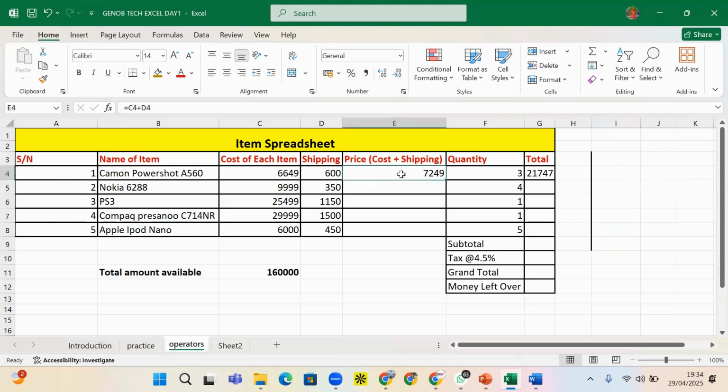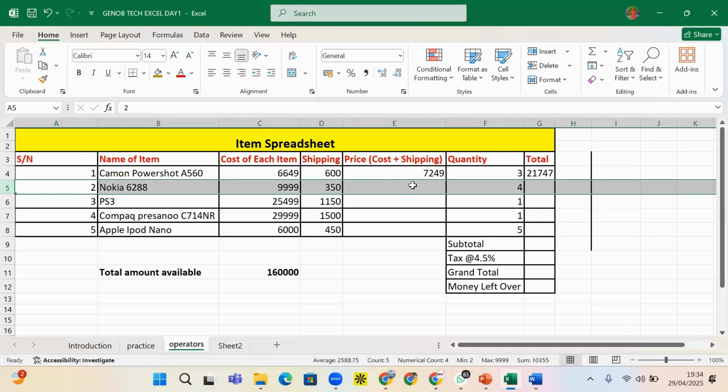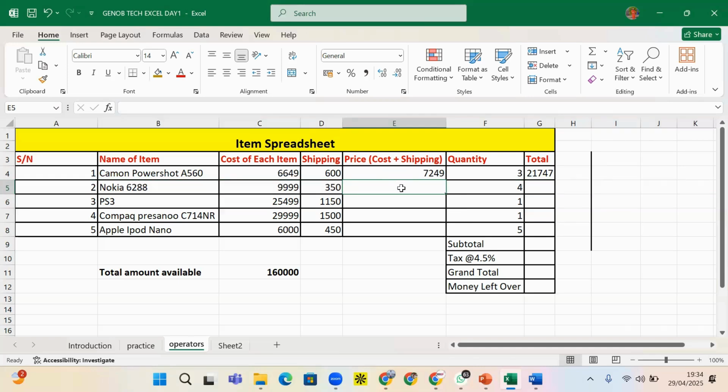What is the reference of this cell? It's C4, D4. If I stand here, it will reference C and D, but at row 5. Instead of C4, D4, I will have C5, D5. So I copy the reference down, and I have it calculated for me.